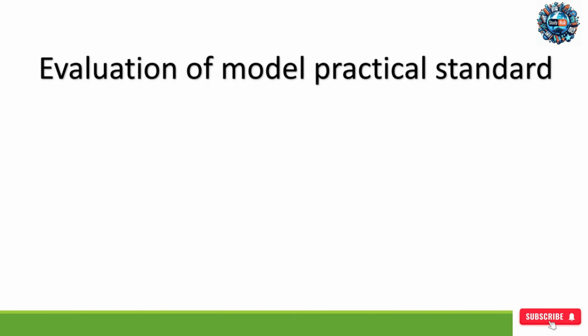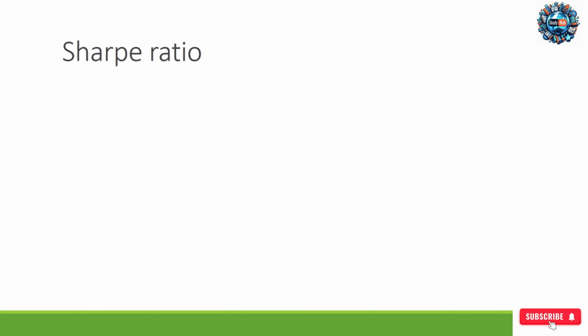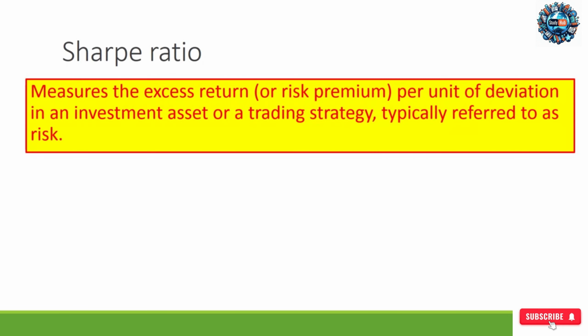Average daily return is a measure we can use to make comparison. In the finance industry, many use Sharpe ratio and maximum drawdown. Sharpe ratio measures excess return per unit of deviation in an investment asset or trading strategy, named after William Sharpe.